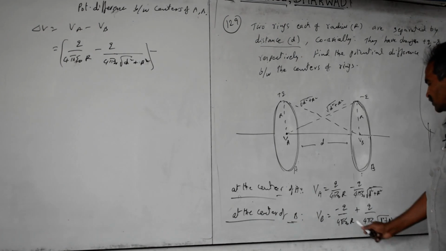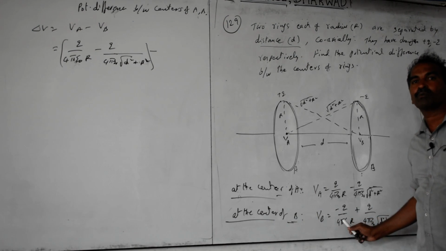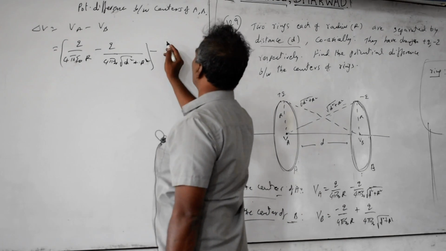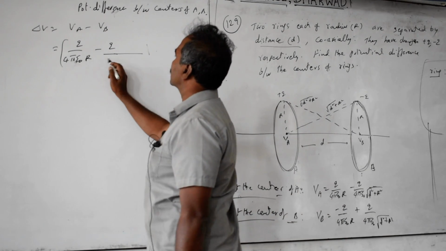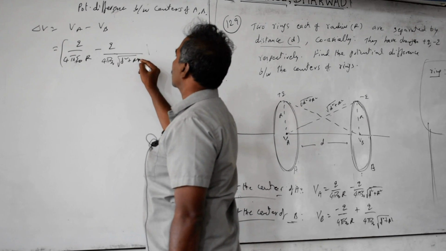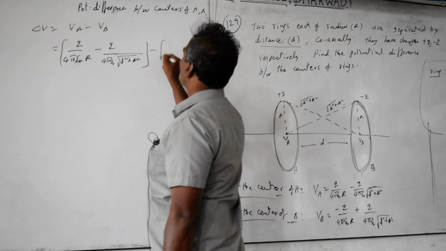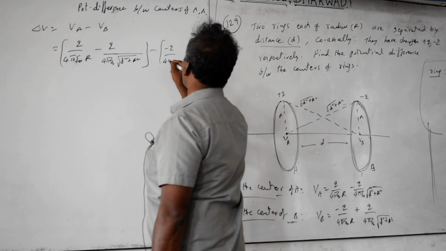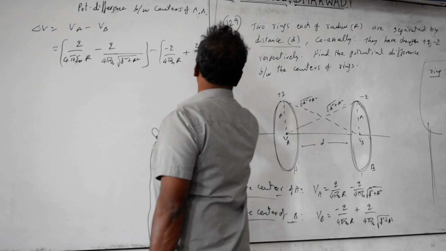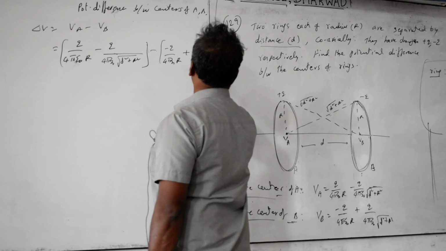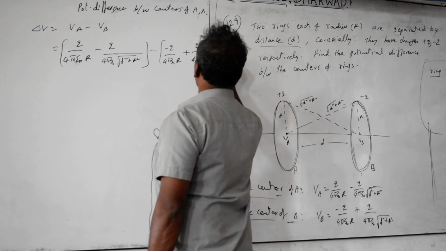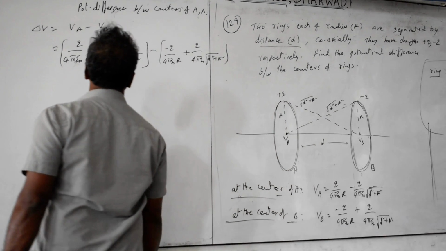When you take minus, the minus becomes plus, so this is minus of VB. I am writing the step as it is: minus of minus Q by 4 pi epsilon naught into R plus Q by 4 pi epsilon naught into under root of D square plus R square.